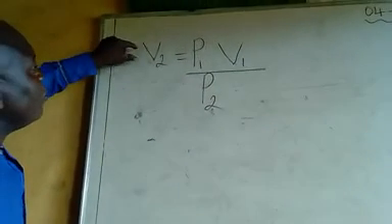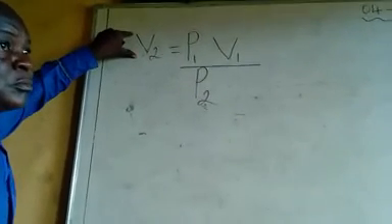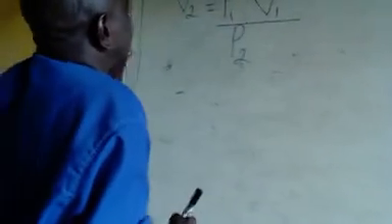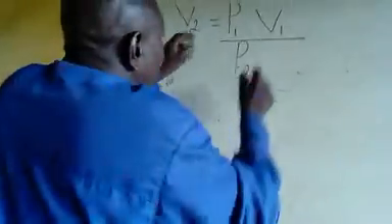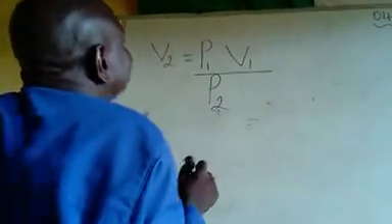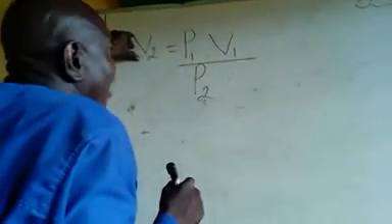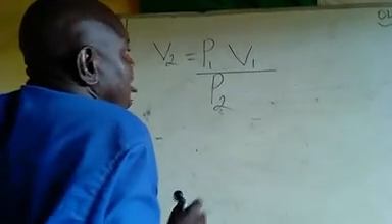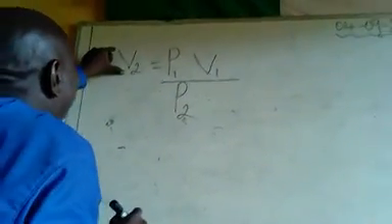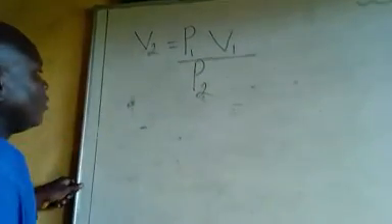I'm looking for V2, and V2 is not given, as you can see here. I'm going to make use of this formula so as to get our V2.